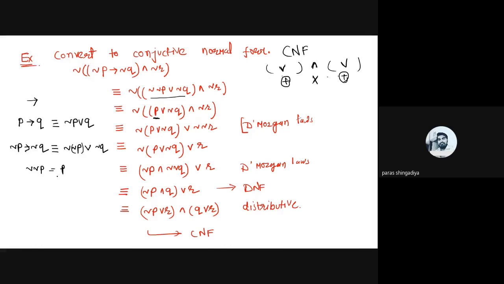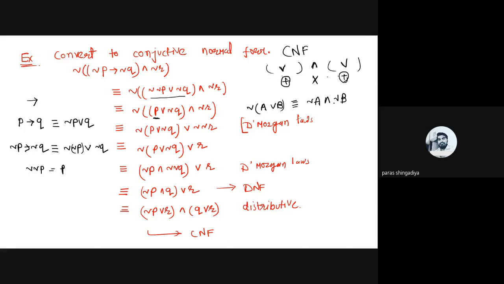And then here we apply the De Morgan law. What is De Morgan law? Let us use the A, B notation, since P is also involved here. Negation of A or B is logically equivalent to negation A and negation B. That is one form of De Morgan law.